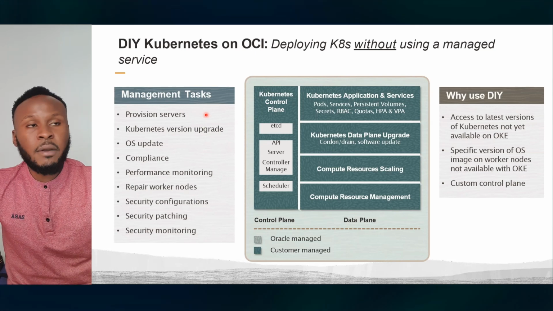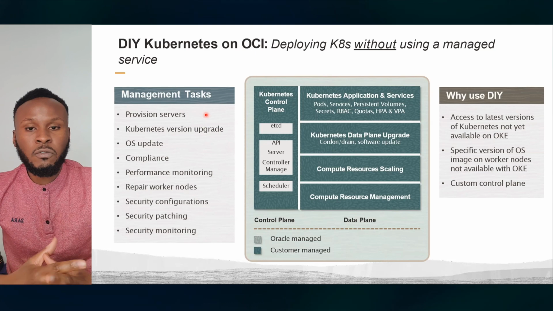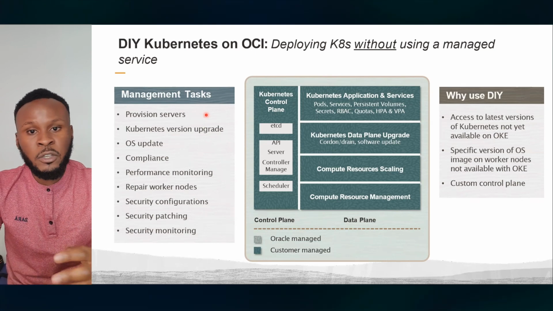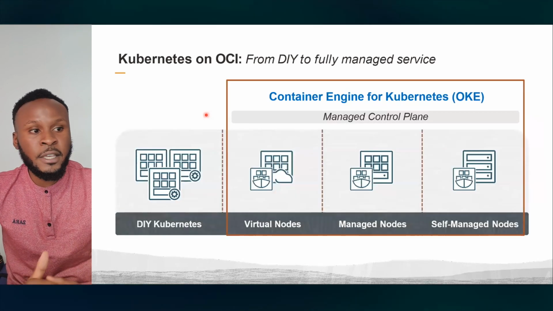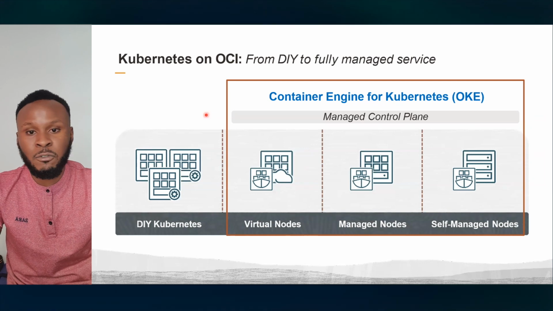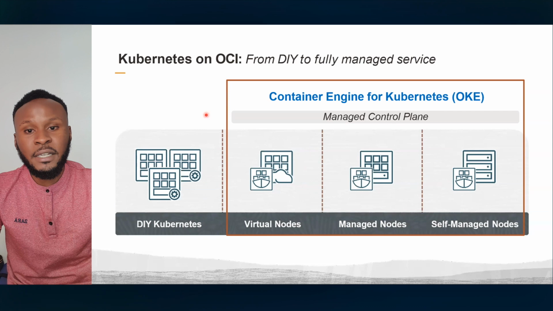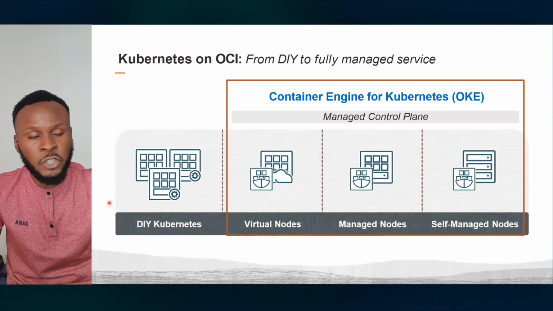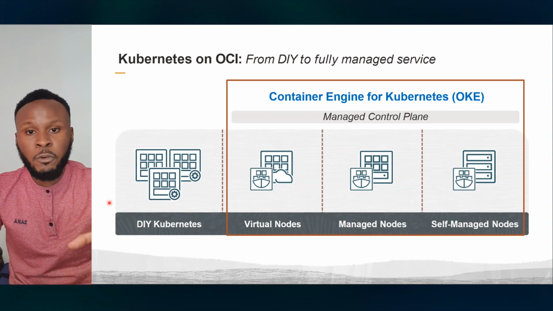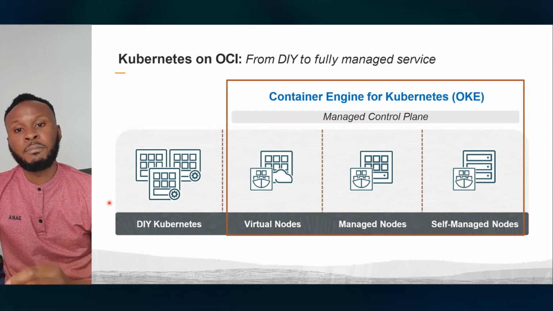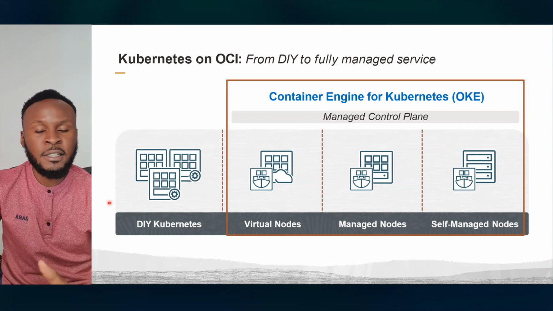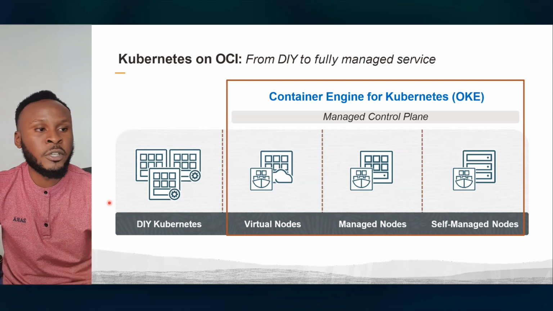So just as a summary, the different options that you have when it comes to Kubernetes deployment with OCI are, one, you can do it yourself Kubernetes. This is where you create the virtual machines or the bare metal or the GPUs, and then install the Kubernetes software within there, and you'll be the person to manage the entire architecture from the bottom all the way to the top.